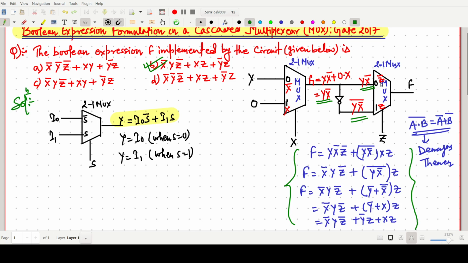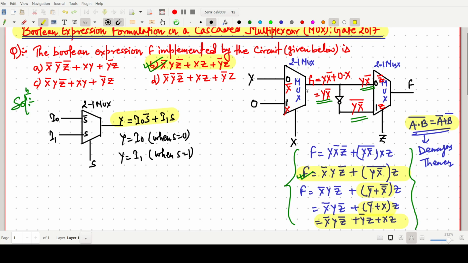So again y x bar z bar, and y x bar whole bar z. Then apply De Morgan's law in that section, write this again, and finally add. So our final answer will be option number B.